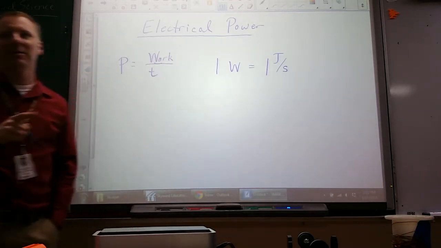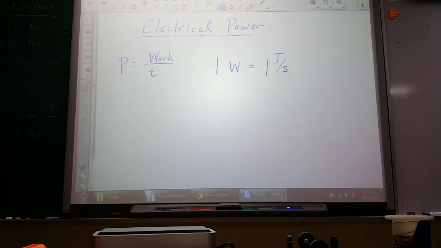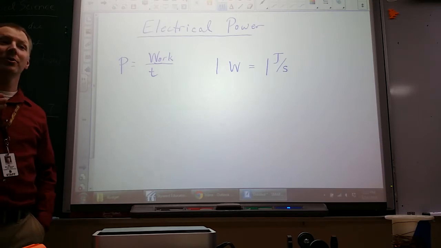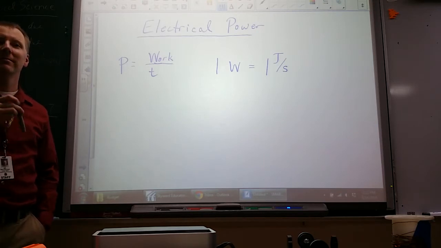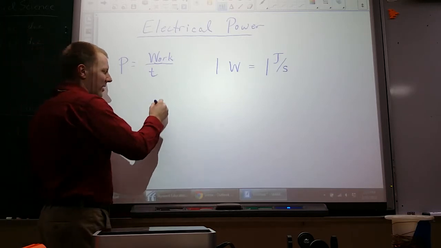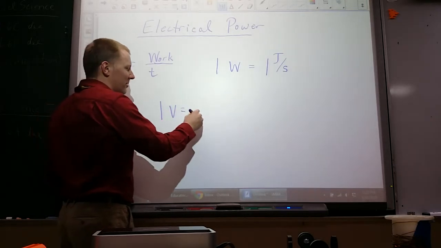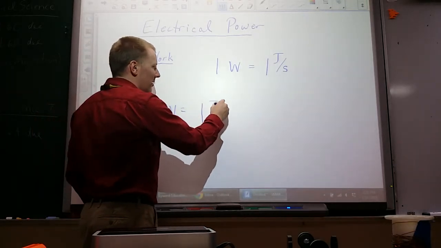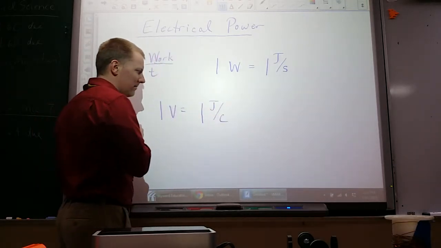Which of our electrical characteristics, though, involved an energy, or joules? No, not current, but you're on the right track now. Wasn't it volts? Volts is the energy in a circuit, right? And so we had 1 volt is equal to a joule per coulomb.